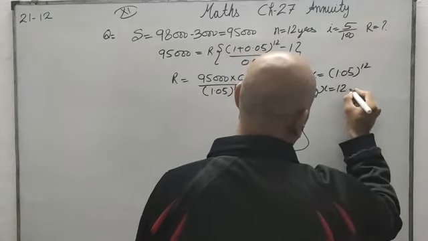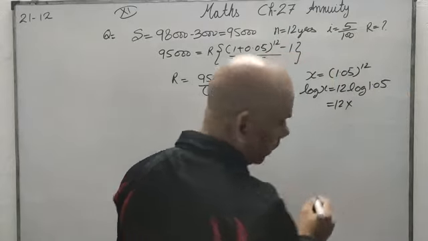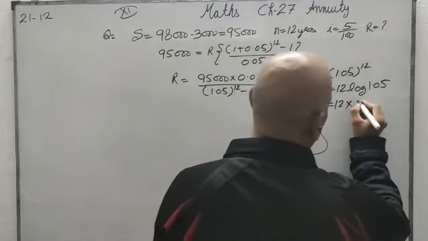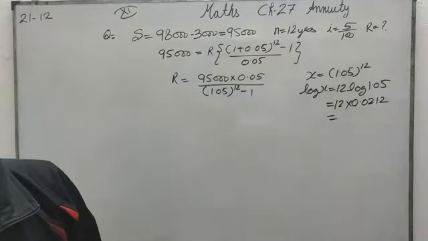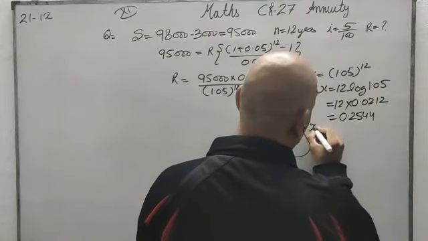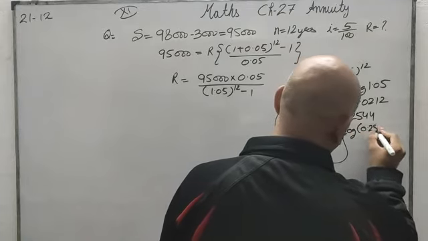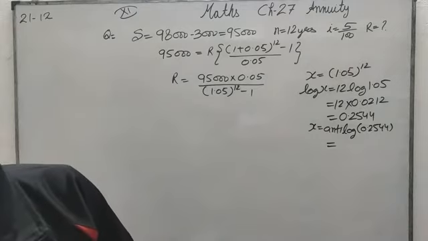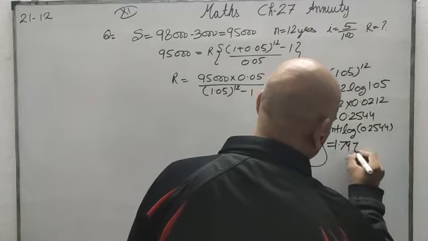Log x is equal to 12 log 1.05, and 12 into the value of log 1.05, that is 0.0212, on multiplication we get 0.2544, and x is equal to the antilog of 0.2544. It is going to come as 1.797.